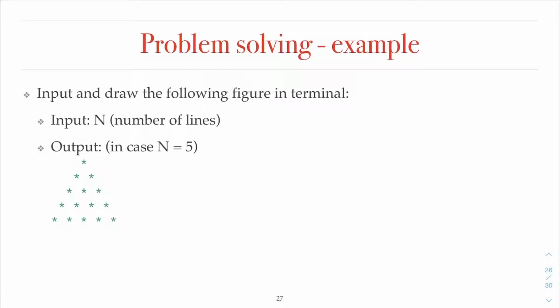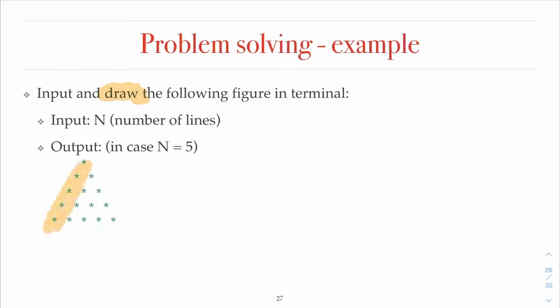What I really want to do here is try to show you how you can bring the solution for a particular problem into the real code. Okay. So first thing, let's take a look at the following example. The request is that you should draw the following figure in the terminal.